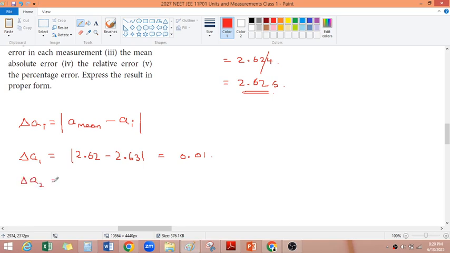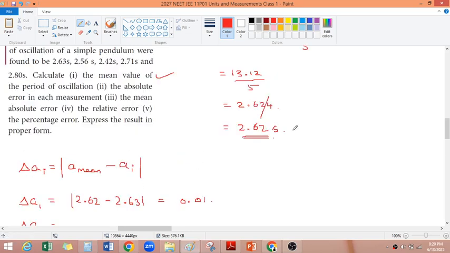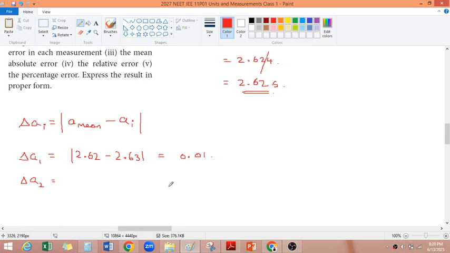Delta A2 for the second reading, this is the error. What does that mean? It means from the mean value how much it is away. That is what is called the error. 2.56. So that means 2.62 minus 2.56. So 4 here, 2 here, so it will be 6. 0.06.